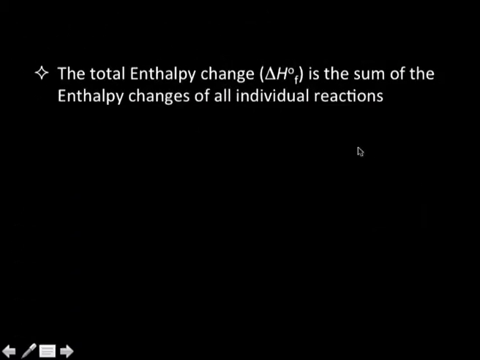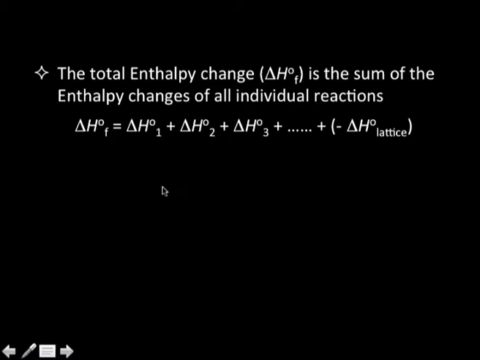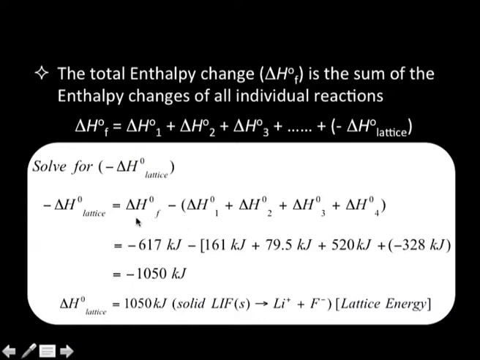Let us see that. The total enthalpy change is the sum of the enthalpy changes of all individual reactions. So, the overall delta H formation will be equal to delta H 1, 2, 3 and so on, and then the 5th one happens to be delta H naught lattice energy. If I rearrange this, I can solve for delta H lattice, and I find that this is delta H formation minus delta H 1, 2, 3, 4, that is, the enthalpy changes for steps 1, 2, 3 and 4.